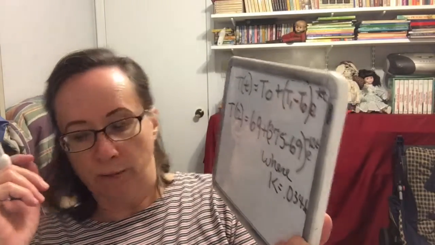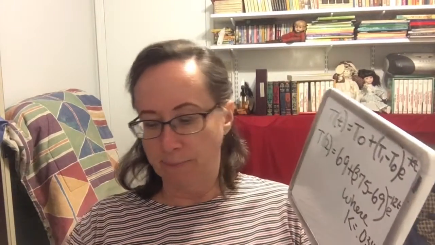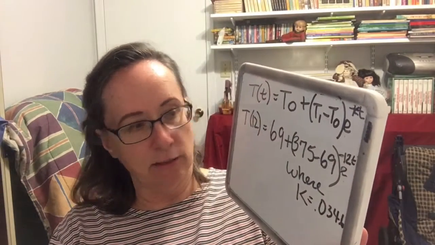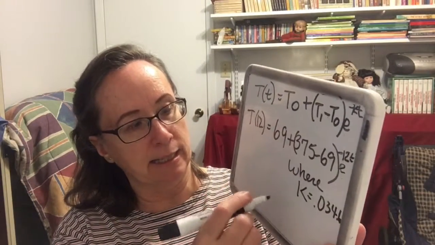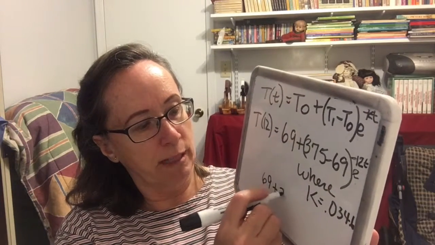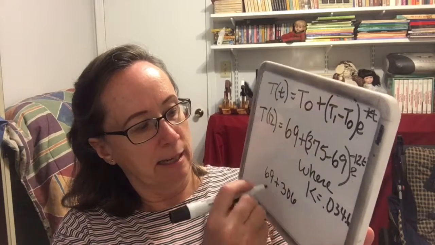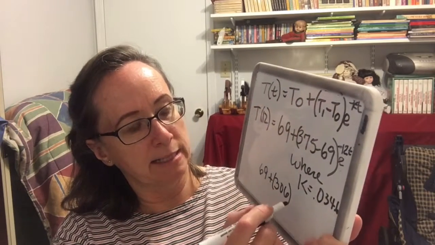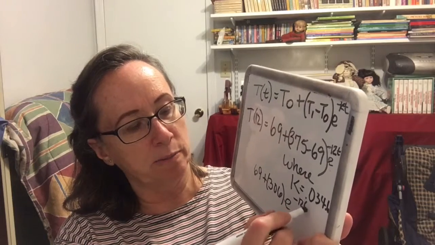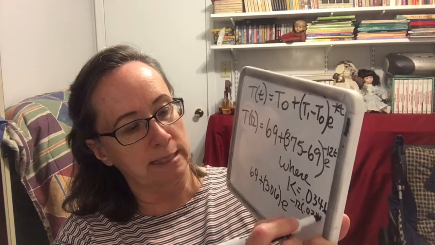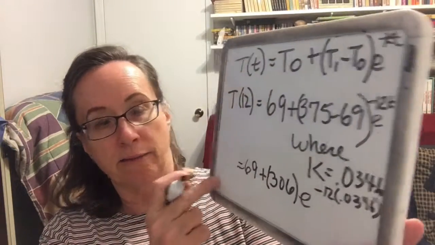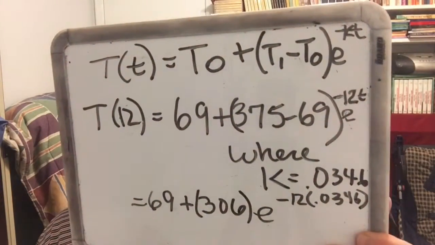So now we're going to do all the math again. And when I subtract this, I still get 306 here. So I get 69 plus 306, and I'm going to multiply that times e to the negative 12 times 0.0346. So now this is going to be the new temperature here.